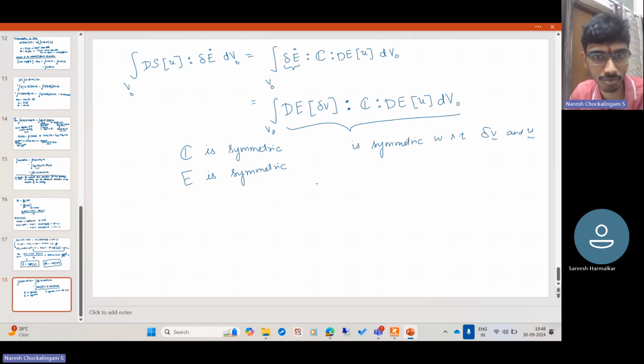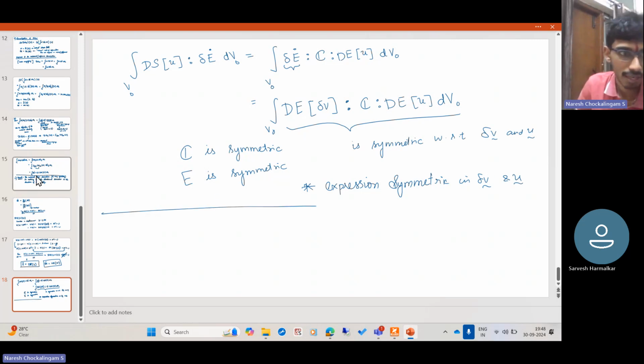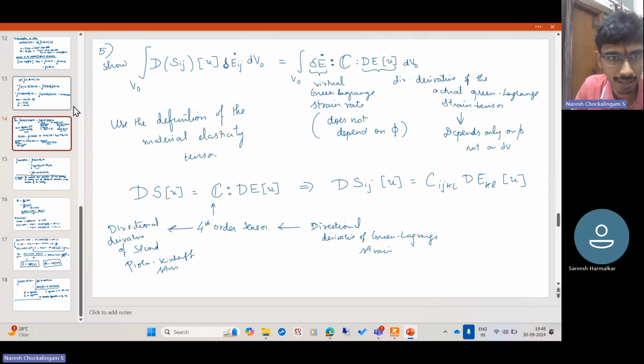So this is an observation. This expression is symmetric. Basically, it means if we swap U and del V, there's no change. The expression is symmetric in del V and U. Okay, so we have come to this point. This is result 6, but we left out one term here. This is the first term.